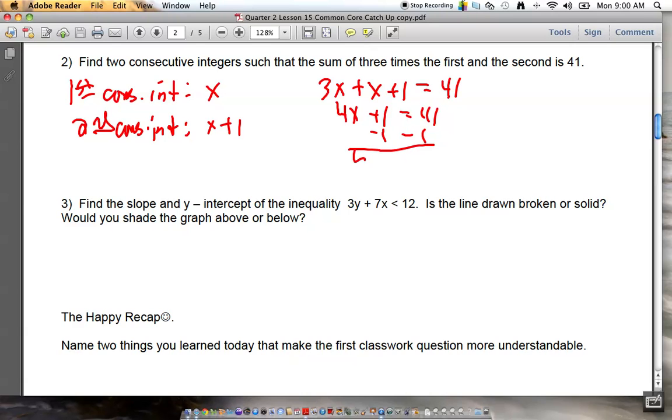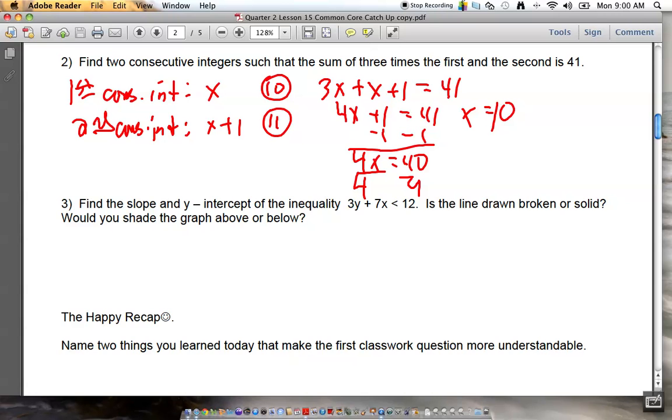Minus the 1, 4x is 40. Dividing by 4, x is 10. Is that the answer? Oh, I thought I wrote it. x is 10. What are the two? Did I answer the question? No. 10 and 11. Sweet.